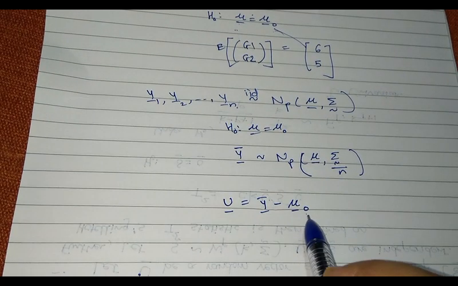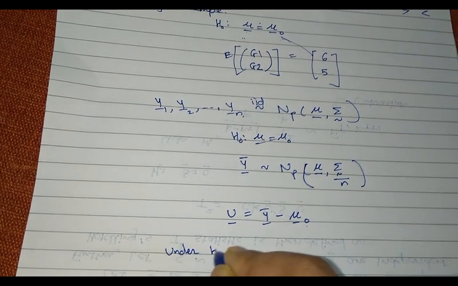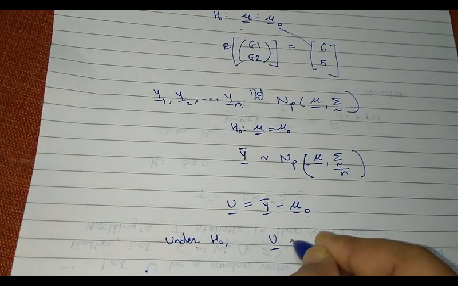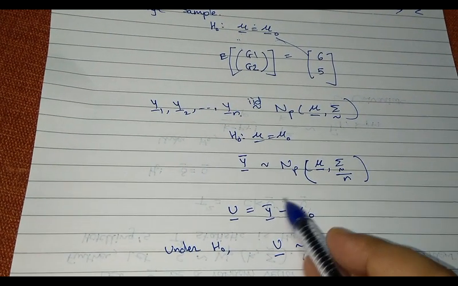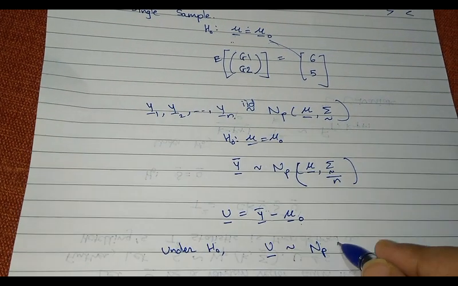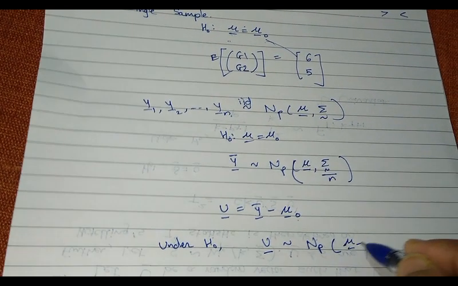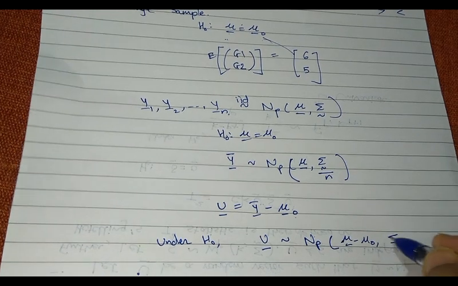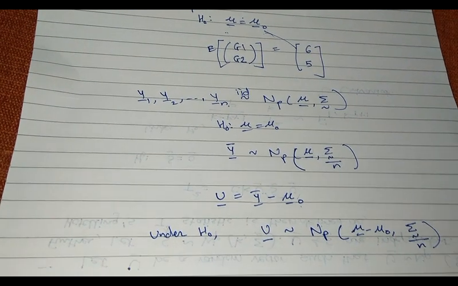Then under H naught, what would be the distribution of u? U would of course be normal because it is just a shifted version of a normal. So it would still be normal with mean mu minus mu naught, and the variance would remain the same because I am just adding a constant. So variance won't get affected.